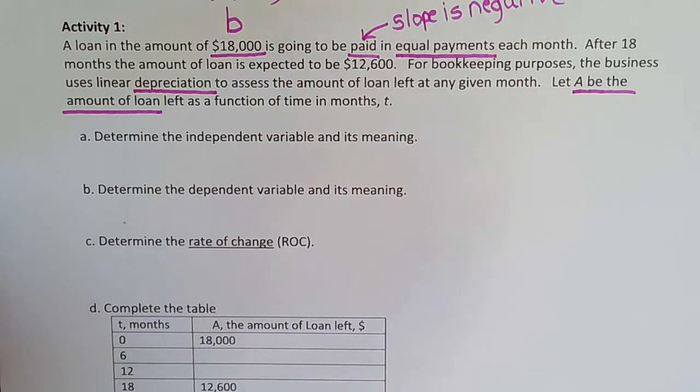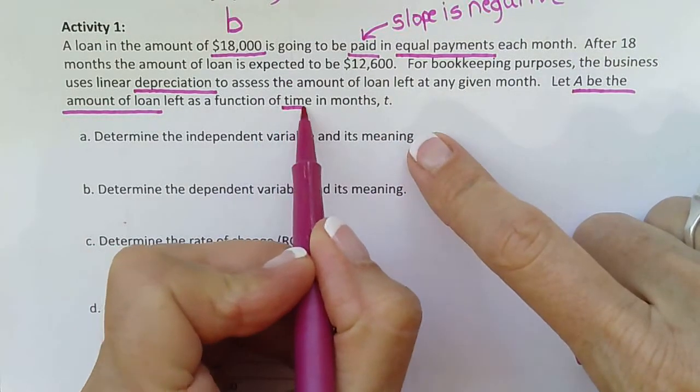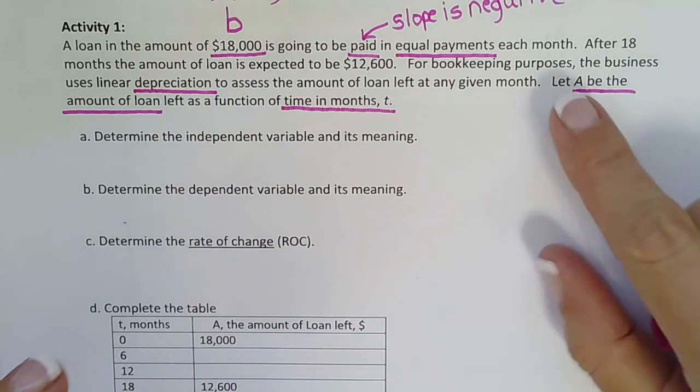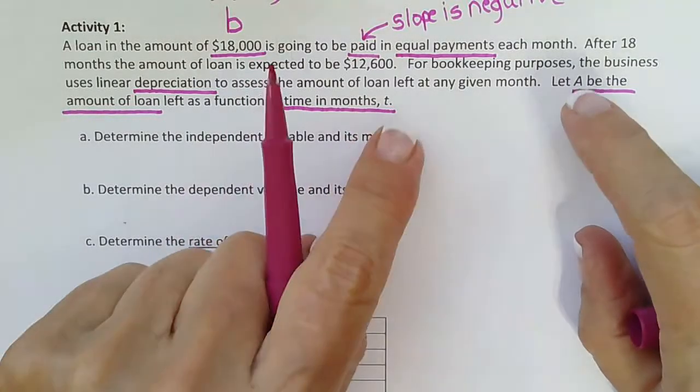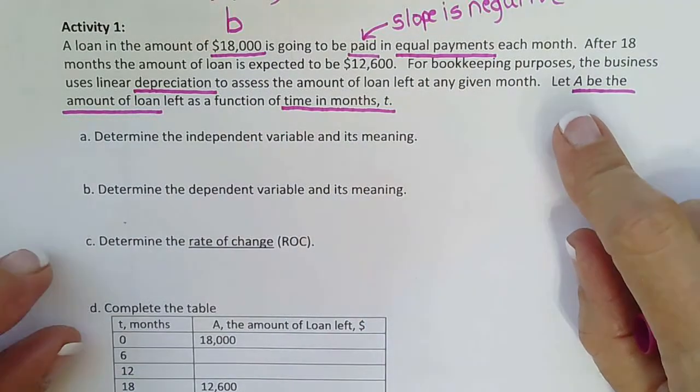If you use a small a when they tell you to use a capital A, they'll count the problem wrong. So make sure you pay attention to that. And t is the time in months. Notice it's a lowercase t, which is usually the case. The y is usually uppercase, and the x of our equation is usually lowercase.